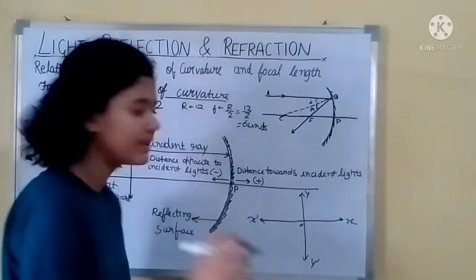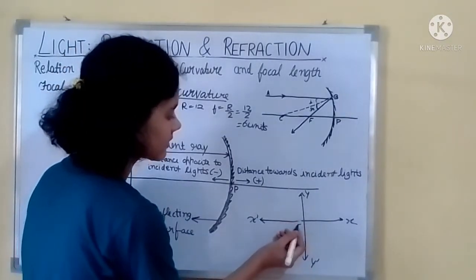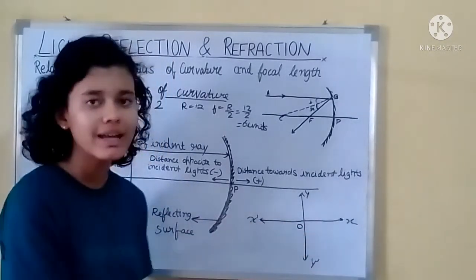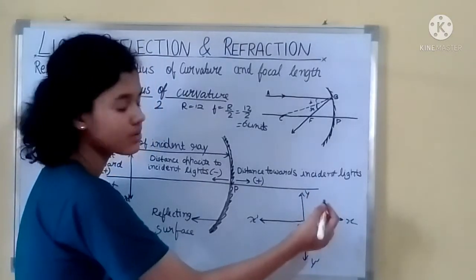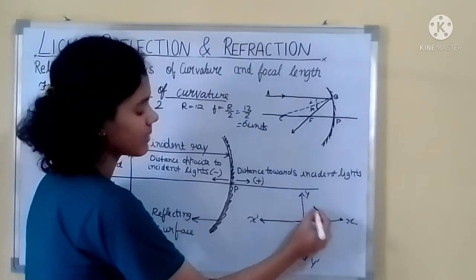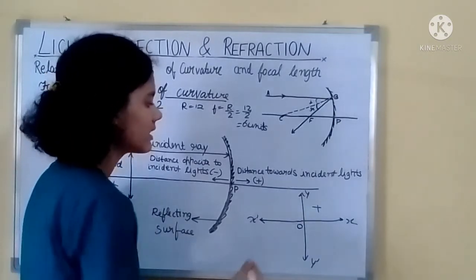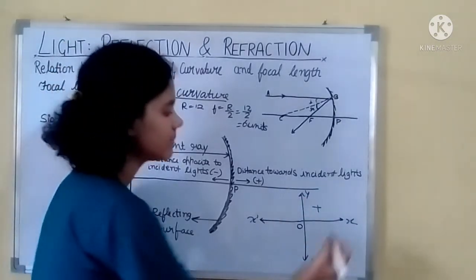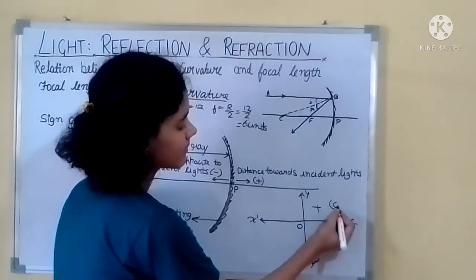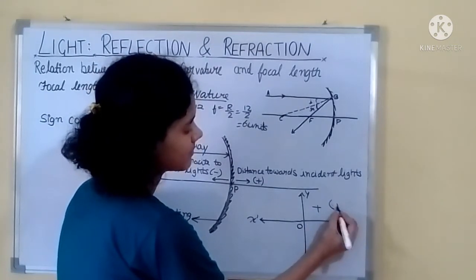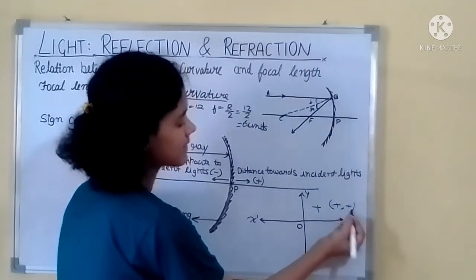So all the values which are in the first quadrant, means this one, they are all plus, right? Means all the coordinates will be plus comma plus.